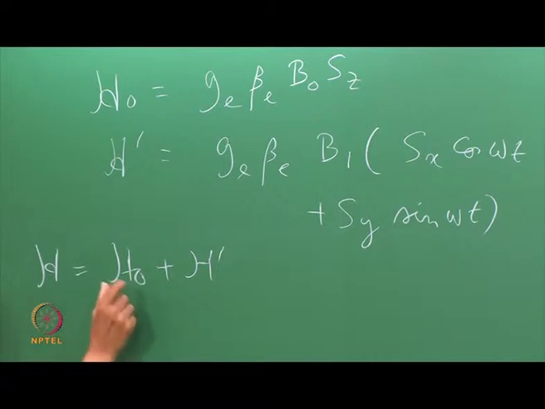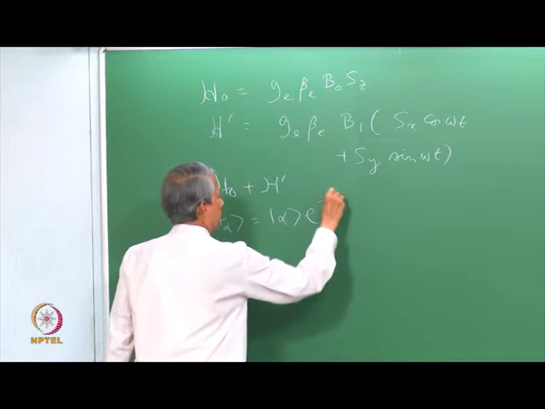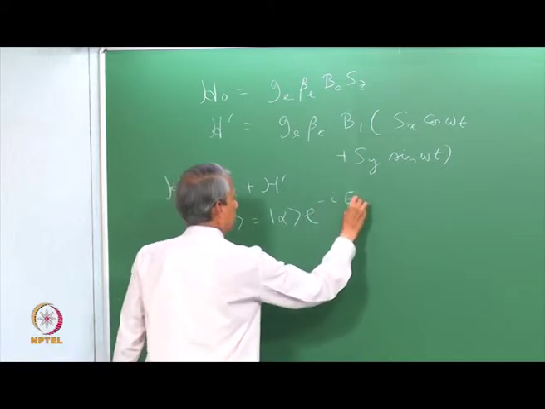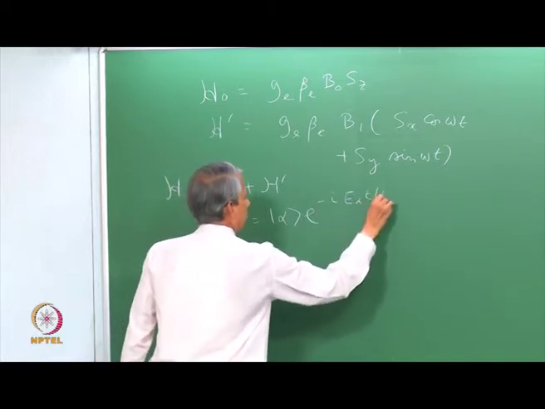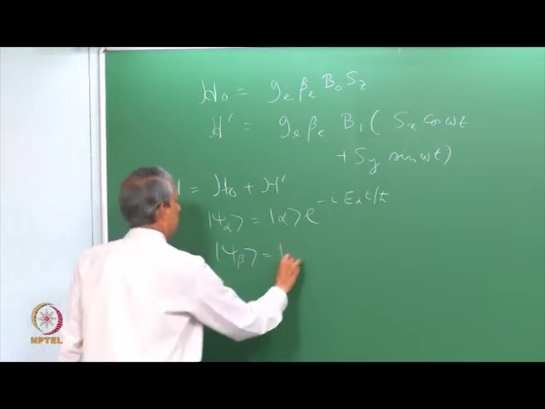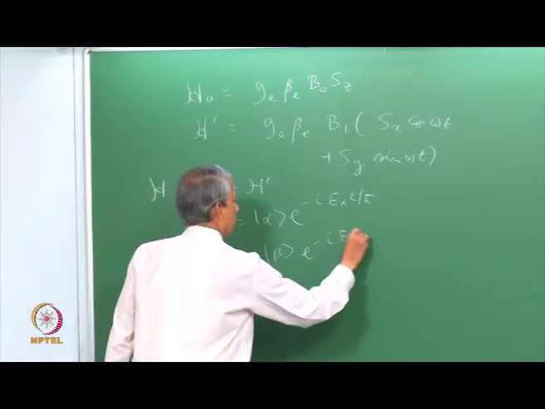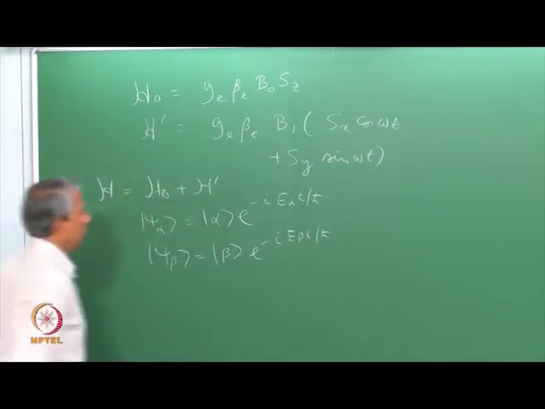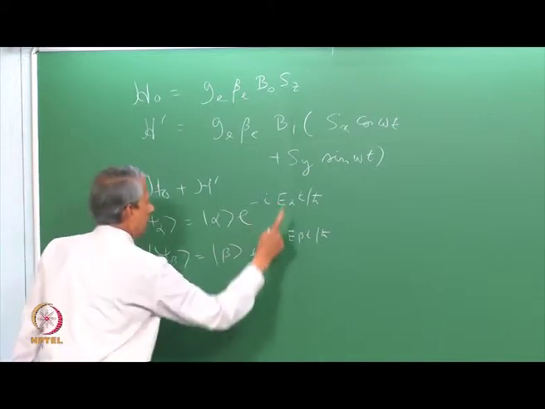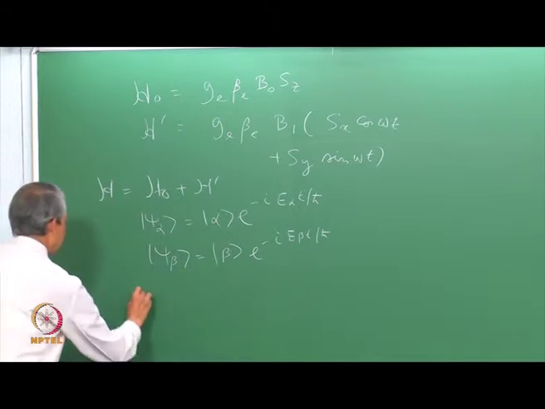The wave function corresponding to the unperturbed Hamiltonian H0 is written as psi of alpha, similarly psi of beta. Here E alpha and E beta are the energies corresponding to the states alpha and beta.